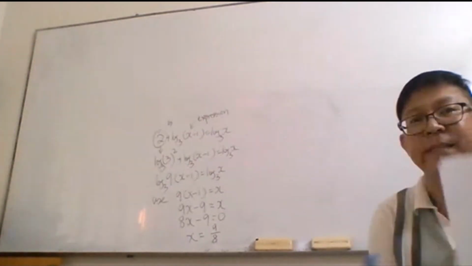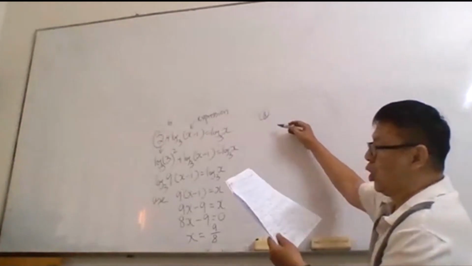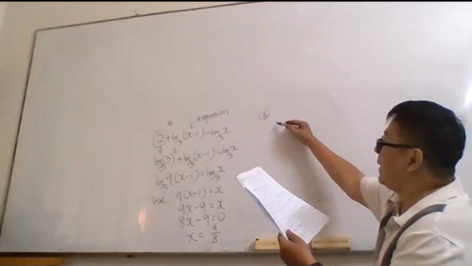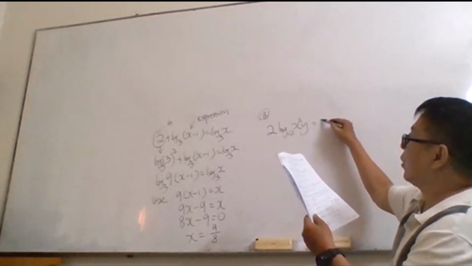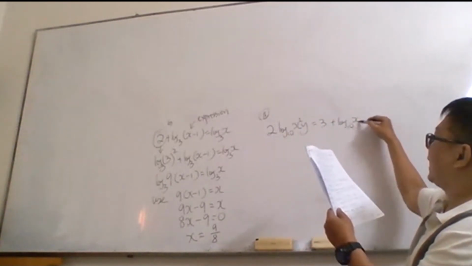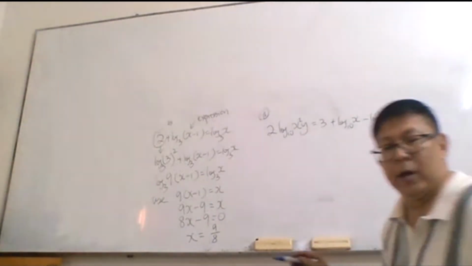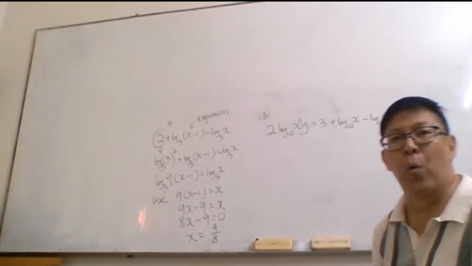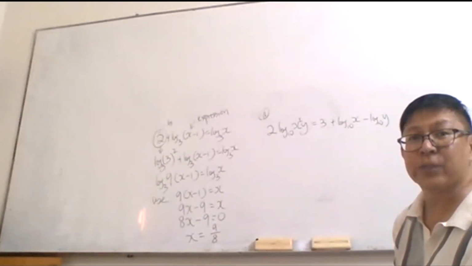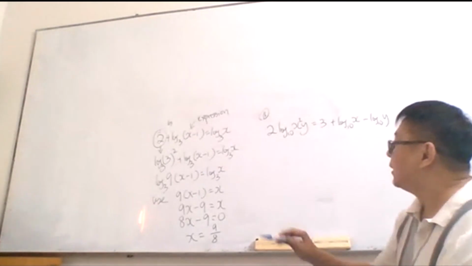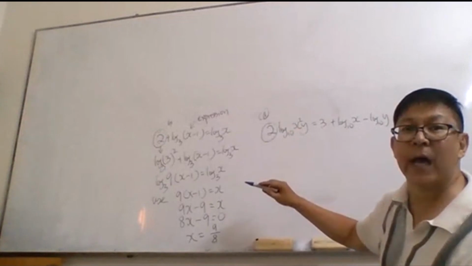Ladies and gentlemen, look at the last question. How am I going to express y in terms of x? They give you x squared y equal to 3 plus log 10x minus log 10y. The question does not ask you to find the value of x and y. In fact, the question asks you to express y in terms of x. So first, this number 2 represents the power.